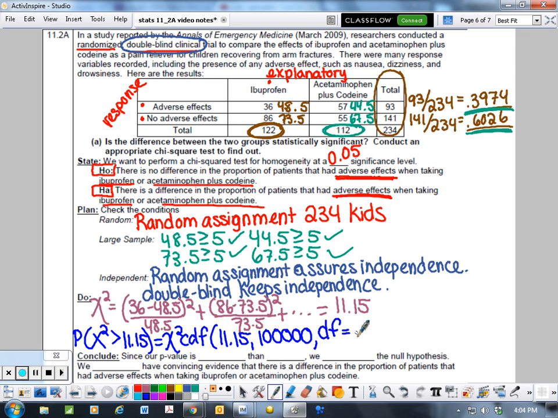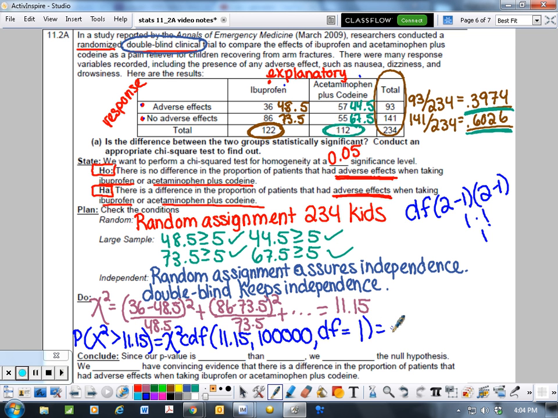So what is our degrees of freedom? Well, we have 2 and I minus 1, so degrees of freedom is 2 minus 1 times 2 minus 1. So this gives me 1 times 1, which is just 1. So our degree of freedom is 1.